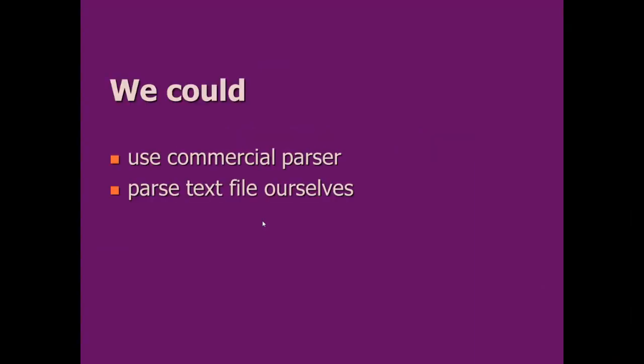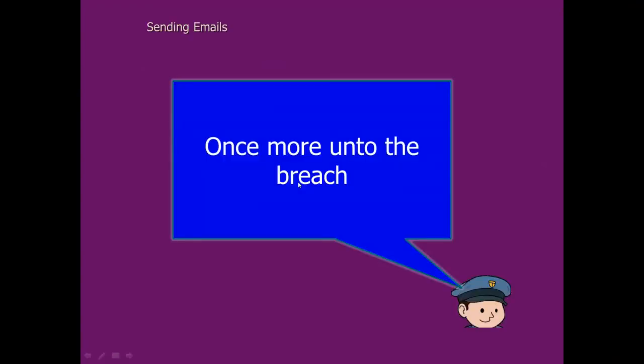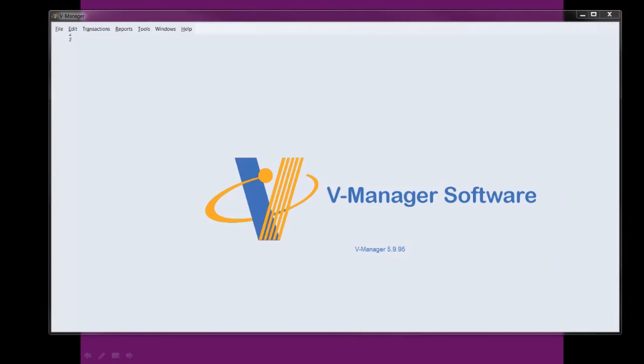Now, EML is a text-based standard. So therefore, we could use a commercial parser, or we could parse the text files ourselves, or we could just do it with our friendly CDO. Let's take one more trip back to CDO land.